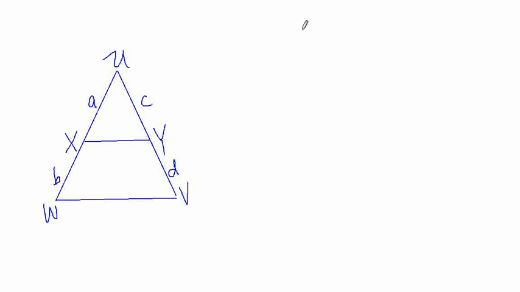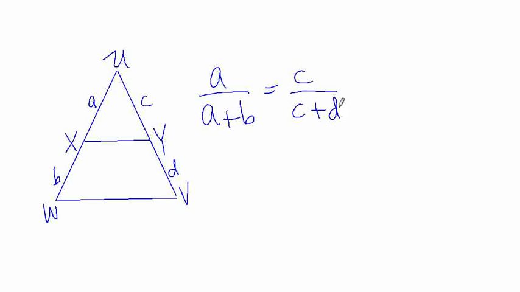Now is this enough to show that line segment XY is parallel to line segment WV? Suppose we knew that that line segment divided the sides of the triangle such that the following ratios were equal. A over A plus B is equal to C over C plus D.